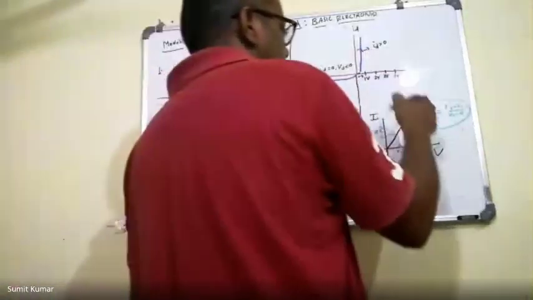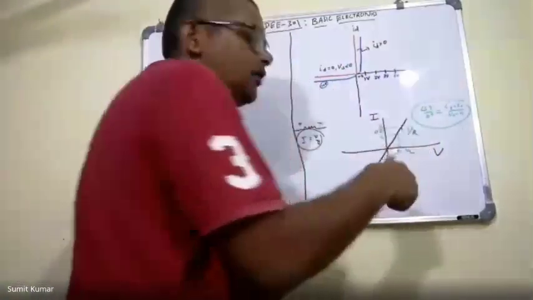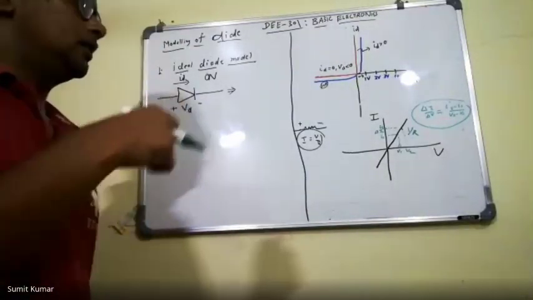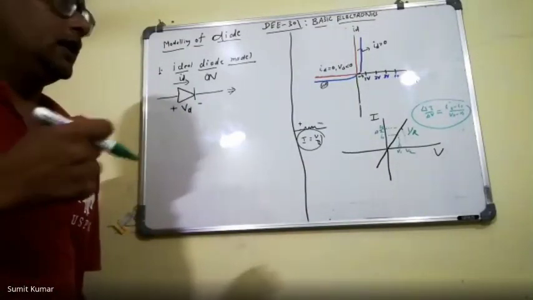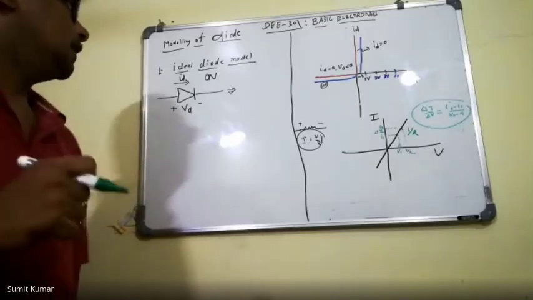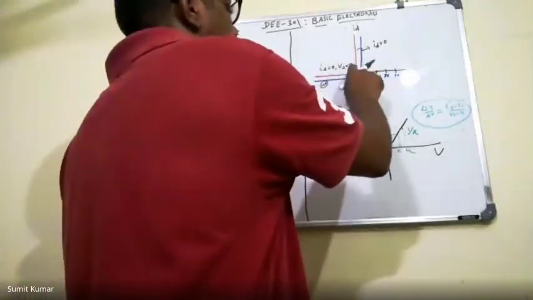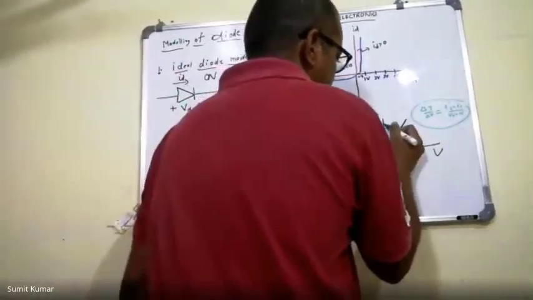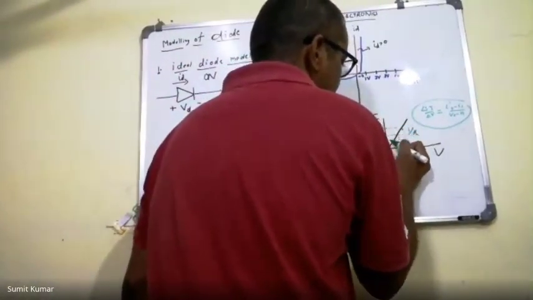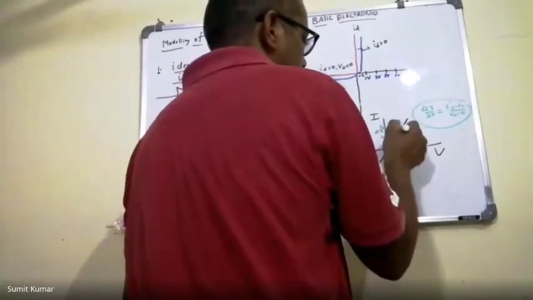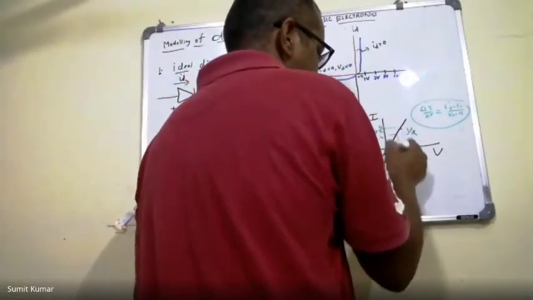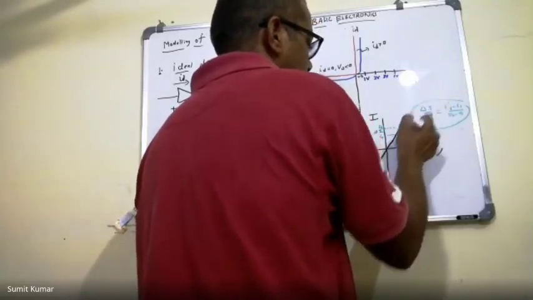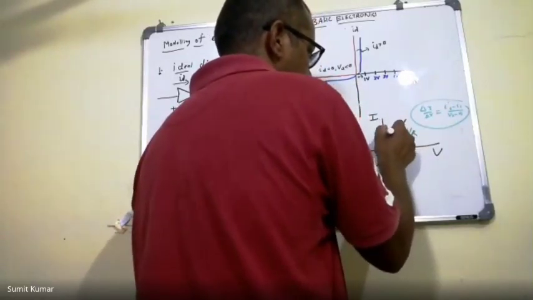You can see the resistance here, and I have already discussed this in the previous class, when we were discussing the second way of understanding the ideal diode model. If I try to find the resistance for this line, the resistance will be almost 0. When this line coincides with the y-axis, the change in voltage is 0, and definitely there is some change in current.